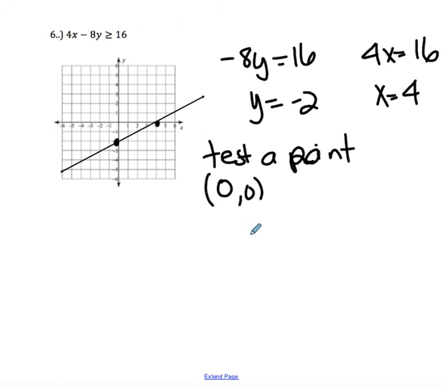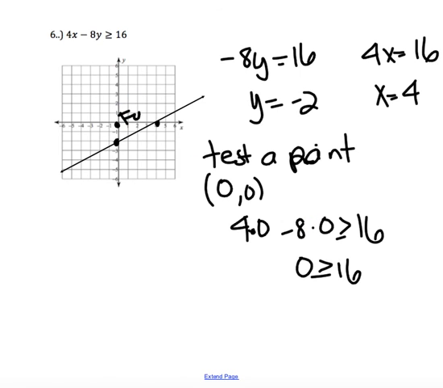Plugging that in, it would be 4 times 0 minus 8 times 0 is greater than or equal to 16. All of that, 0 minus 0, is going to cancel. So I'm asking myself, is 0 greater than or equal to 16? And so 0, 0, that is not true. So again, this side is false. I'm going to shade the other side.